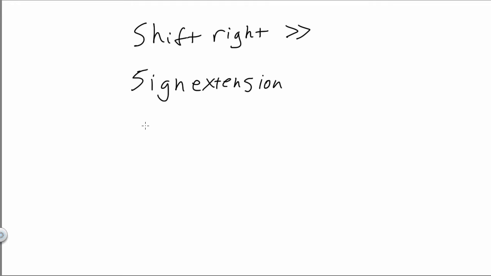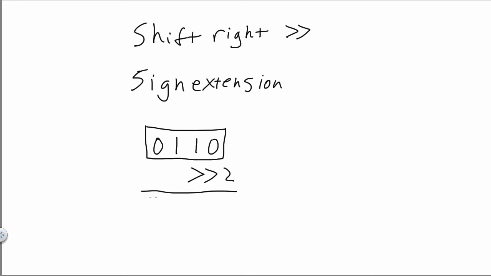Now let's go over right shift. This will be slightly more complicated since this is often implemented with sign extension. To start, we will again, similar to the left shift, write our number in binary and put it in a 4-bit box, though like the left shift it also applies to 16, 32, 64-bit, etc. And we're going to do a shift of 2 to the right.